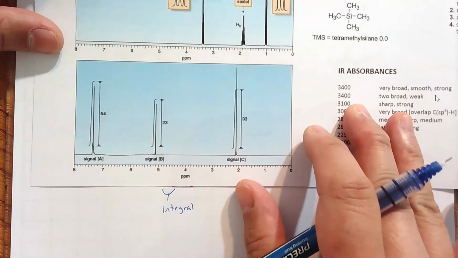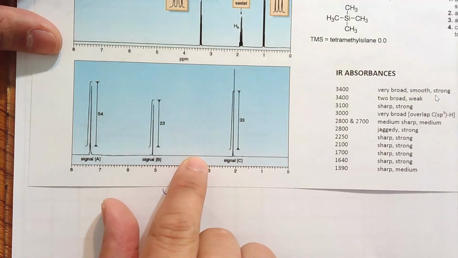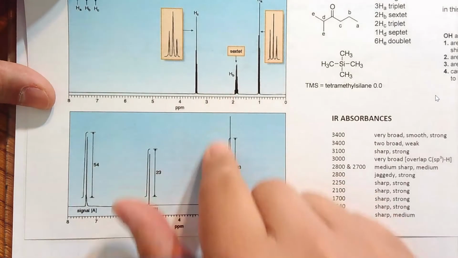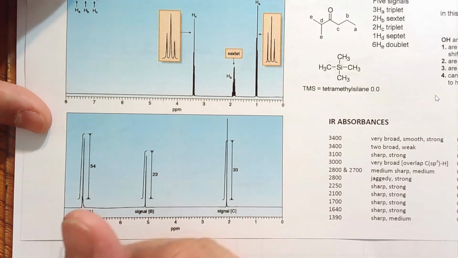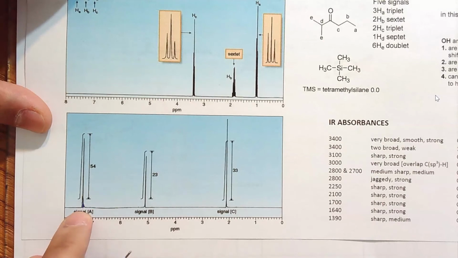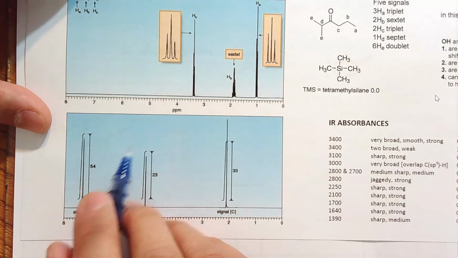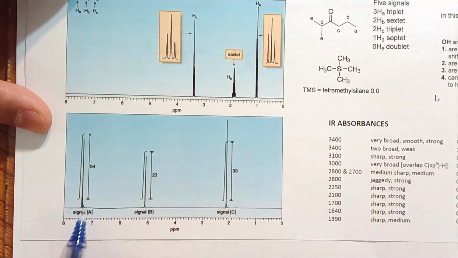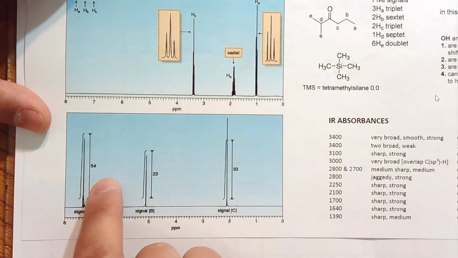So what's an integration? Here's a real spectrum. We have 2 spectra here. Each of these signals has an area. You could almost color it in. There's some space. There's some not volume, but there's an area underneath the curve. When you do calculus and you take an integral of a curve, you are expressing that area as a number.